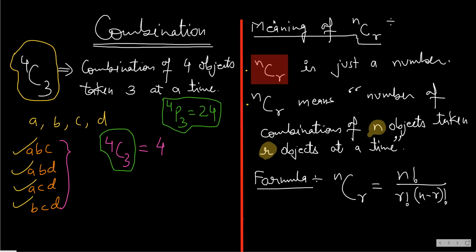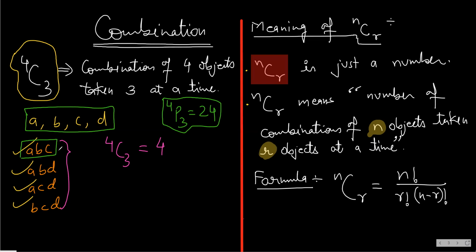As you know, in combination, the order in which the objects are taken or arranged is not important. Here you are only selecting the objects. So you can check here that 4C3 is, out of 4 objects, you selected 3. And then that's it.